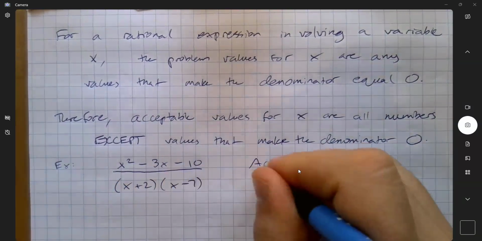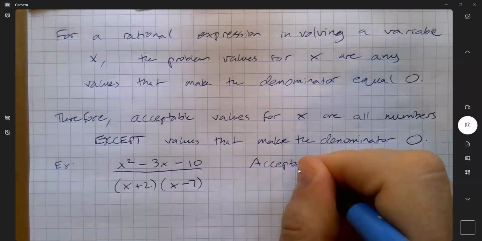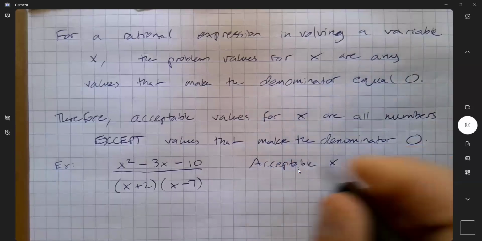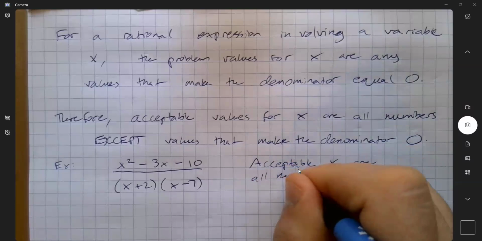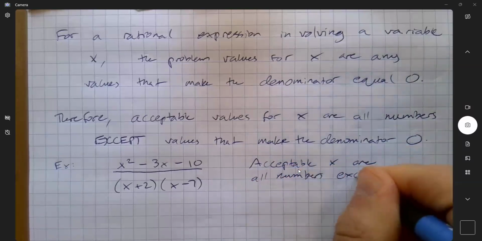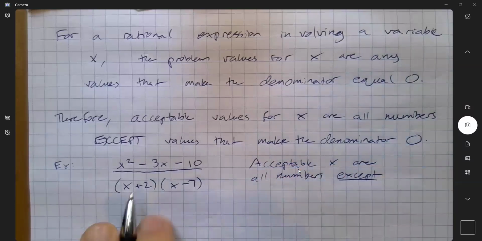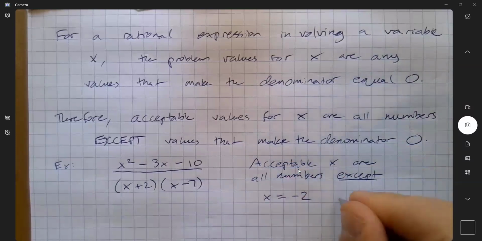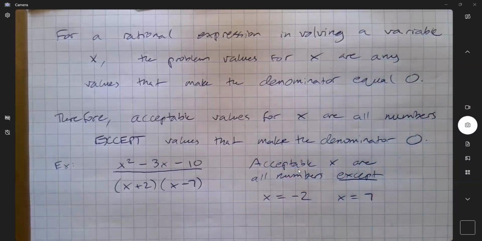So the acceptable values are all numbers except x equals -2 and x equals +7. Because if x is -2, I'm going to have a 0 times a number, which is 0 in the denominator. And if x equals 7, I'm going to have 0 in the denominator.